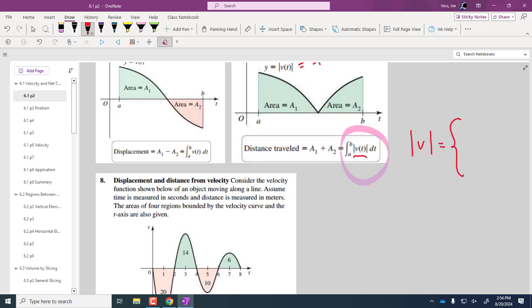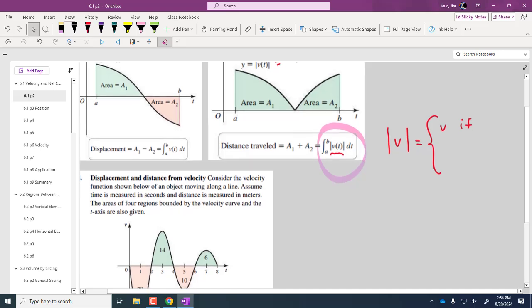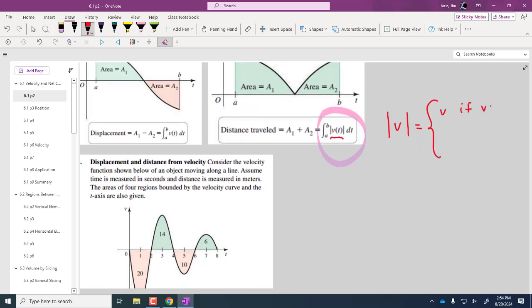There's a piece when the inside is positive or non-negative, and there's a piece when the inside is negative. And you do something different. Right? The absolute value of v is v if what's inside is, usually we put the greater than or equal to right there. You could put the equal to down below if you wanted to. And it's negative v if v is negative. Right? That's the definition of an absolute value.